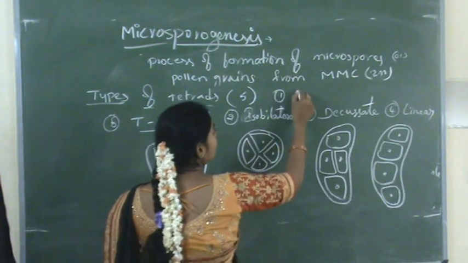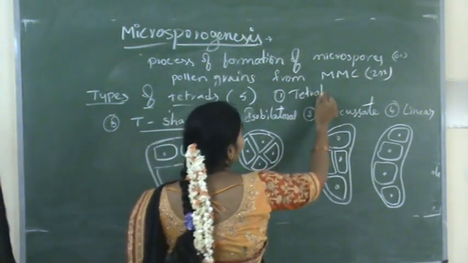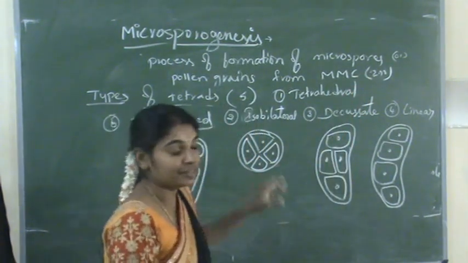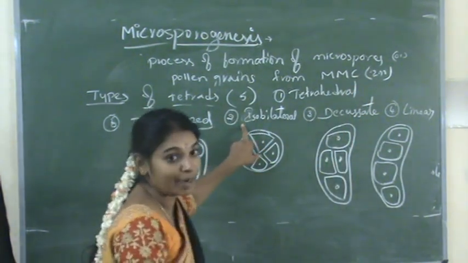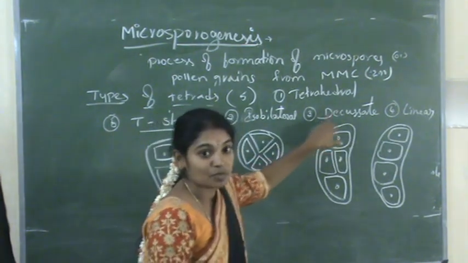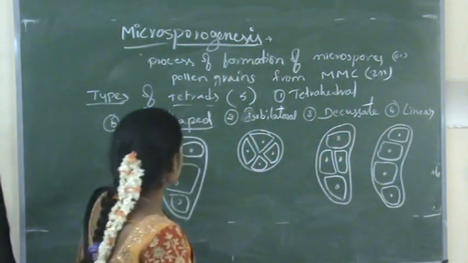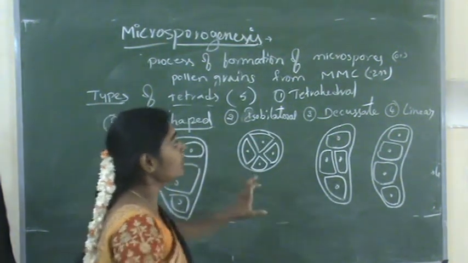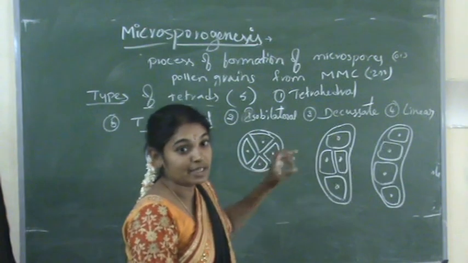The first one is tetrahedral, and second isobilateral, decussate, linear, and T-shaped tetrad. So in different angiosperms, any one type of tetrad is present.